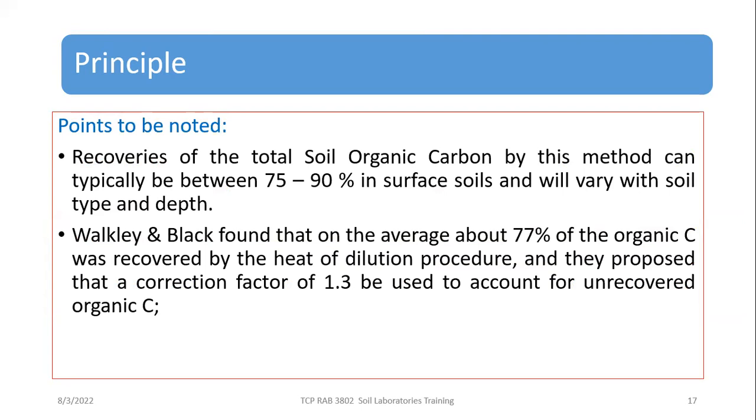Some points should be noted: recoveries of the total organic carbon by this method can typically be between 75 and 90% in surface soil and will vary with soil type and depth.